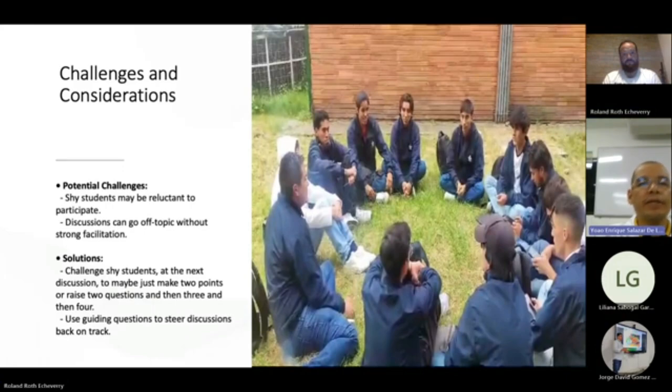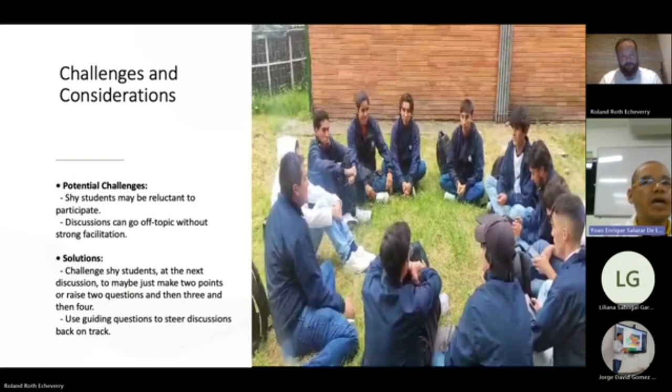As for the first one, the teacher can encourage the shy students, in future sessions, to make one point as a contribution or to raise one question, then in a later discussion session to increase that to 2 points or 3 questions, and then 3 and then 4, and so on and so forth.